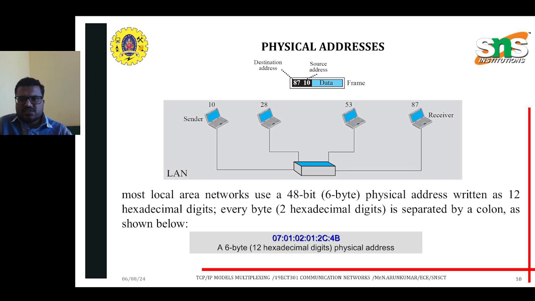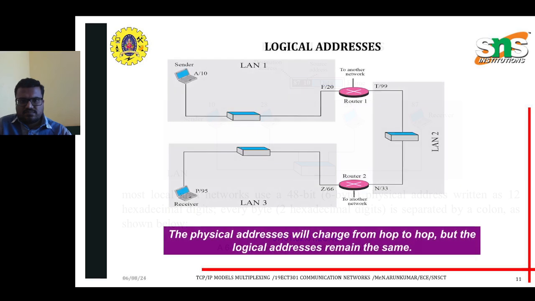Physical addresses. The physical addresses initially forward the data as a number of bits, which has to be converted to hexadecimal format so that it forwards the data to the other systems. Logical addresses: the physical addresses change from hop to hop, but the logical addresses remain the same, because logical addresses are fetched from the network layer and specify the IP addresses of the corresponding locations.